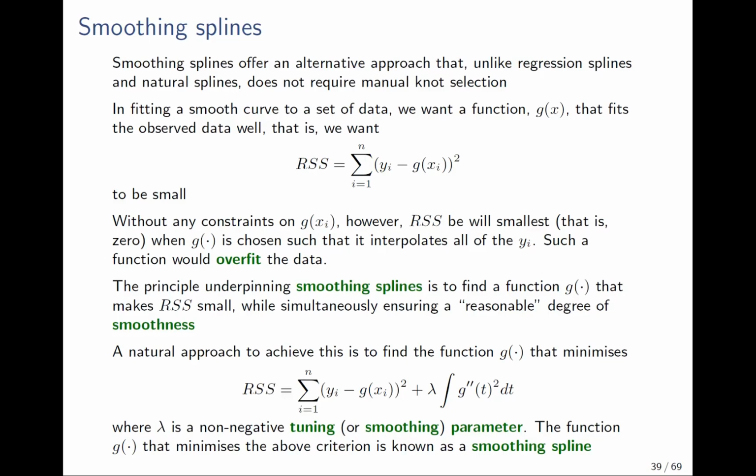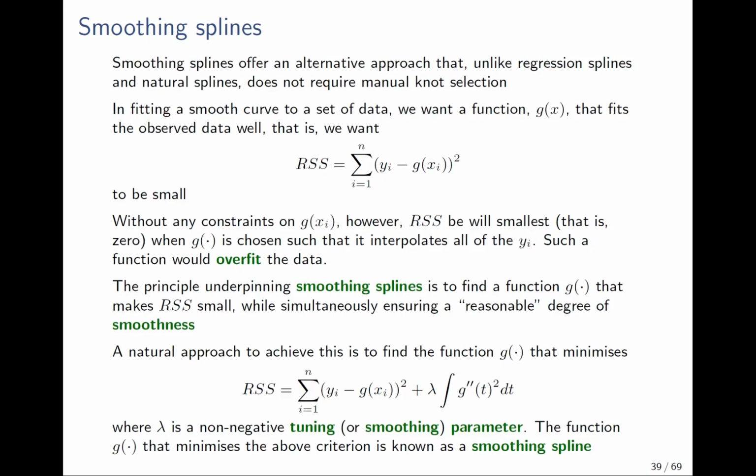Now, without putting any constraints on the function that we estimate, the residual sum of squares is going to be smallest, that is 0, when this function is chosen so that it interpolates all of the y. In other words, it essentially turns all of the x into a prediction of y, and of course provides a very good fit, but it's very, very squiggly and it's just overfitting the data. It's not really finding a trend in the data, it's overfitting to noise in the data.